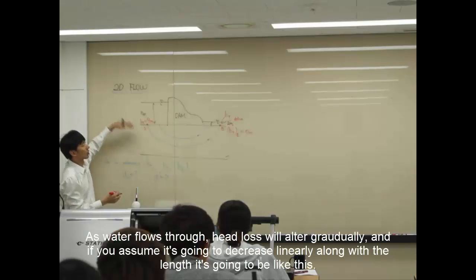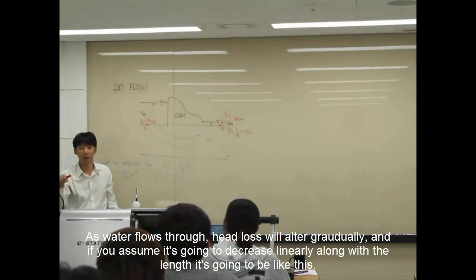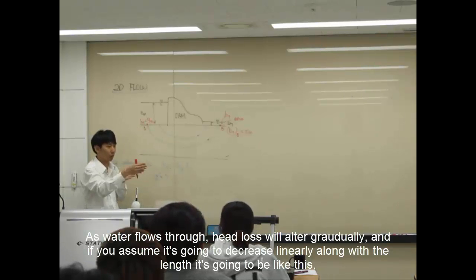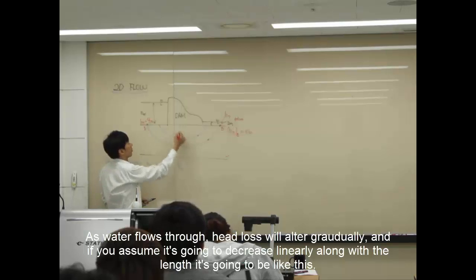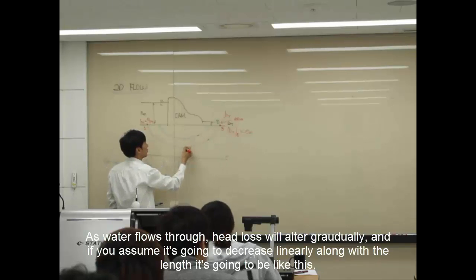Right? And as water flows through the soil, head loss will occur gradually. If you assume it's going to decrease linearly along with the length, then at some points this will be 8, 6, 4, 2, 0.